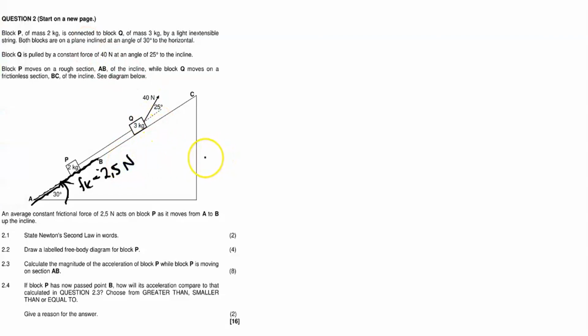Now let's go and see what they are asking us now. State Newton's second law in words. Now, as a grade 12 learner, you know impulse. When we introduced you to impulse, we actually made some changes to our Newton's second law of motion, and we introduced you to this equation.